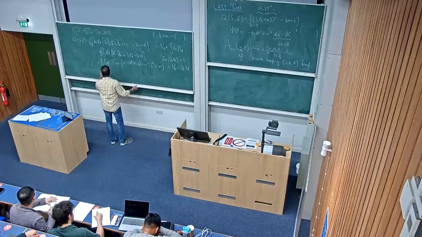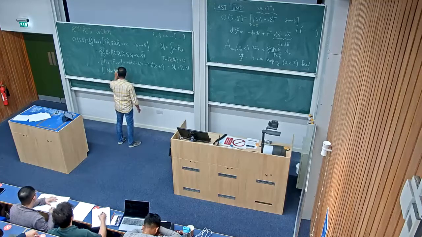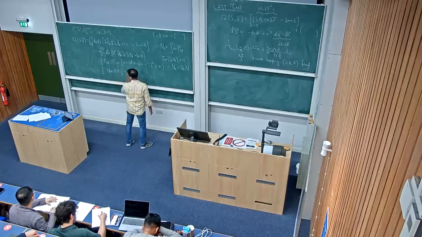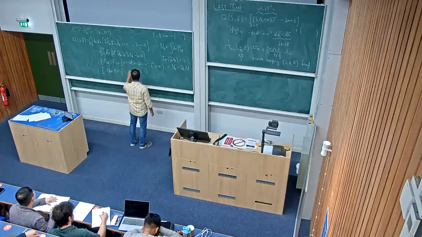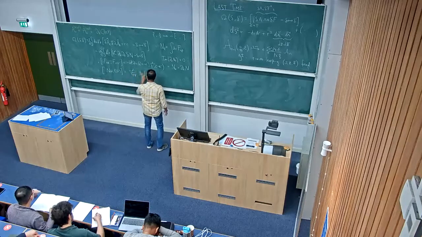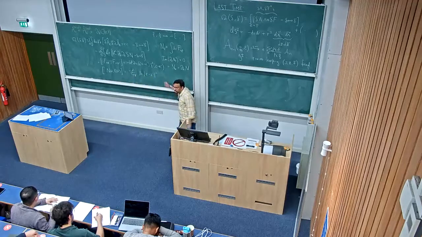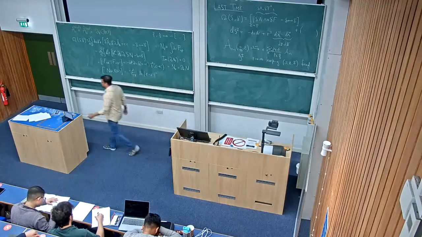On the other hand, the commutator for N and C, so N evaluated at z, C evaluated at z prime, is a log. So this should immediately remind you of a 2D boson.